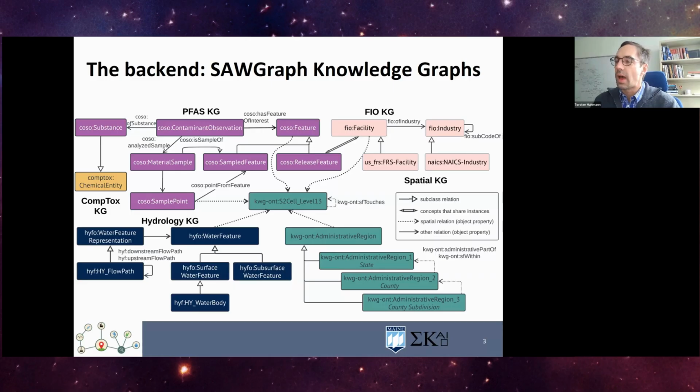In addition to what we have here, we have a 6th graph that covers crops and soil information about those locations and the different administrative regions.